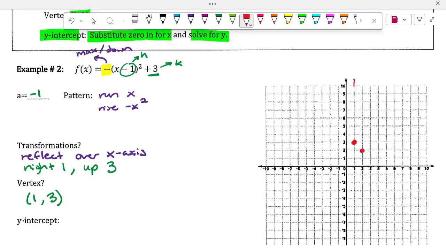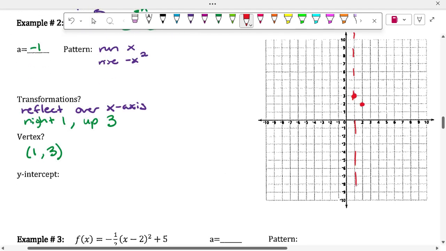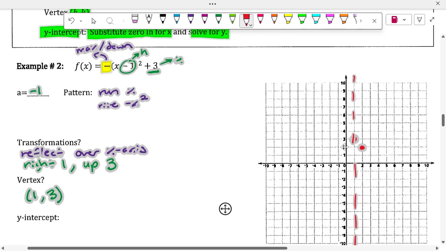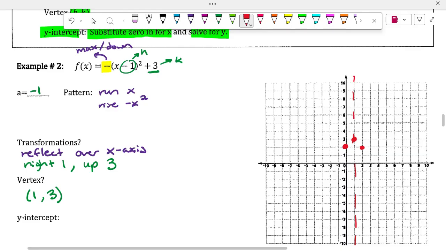And then since my axis of symmetry would definitely be right here, I'm going to find its reflection buddy. All right, now let's say I go out 2. What's 2 squared? 4. So times a negative, that's what? -4.